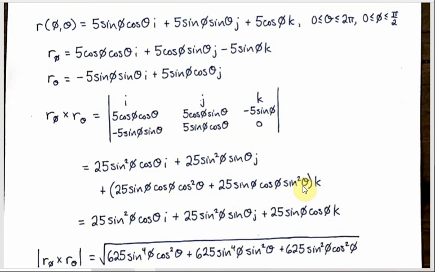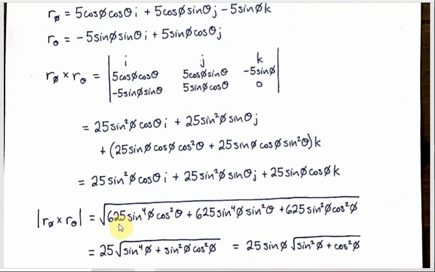So it looks like once again, we're able to use that trig identity, and then this gets shortened up quite a bit. So then we want to get the length of the cross product. All right, well, squaring this right here, you're going to get 625 sine phi to the 4th, and then cosine squared theta. Similar thing here, and then here, I guess here we just have squared sine phi and cosine phi. All right, well then, let's see.